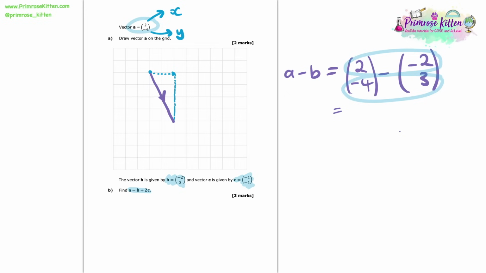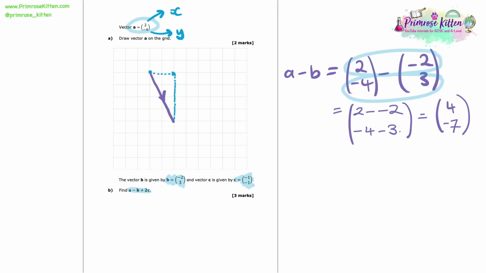Okay, so if we start with the top part of that column vector, we've got 2 minus -2. And on the bottom, we've got -4 - 3. So 2 minus -2 gives us 4, because a minus and a minus makes a plus. And -4 - 3 is getting more and more negative. So that's going to be -7.